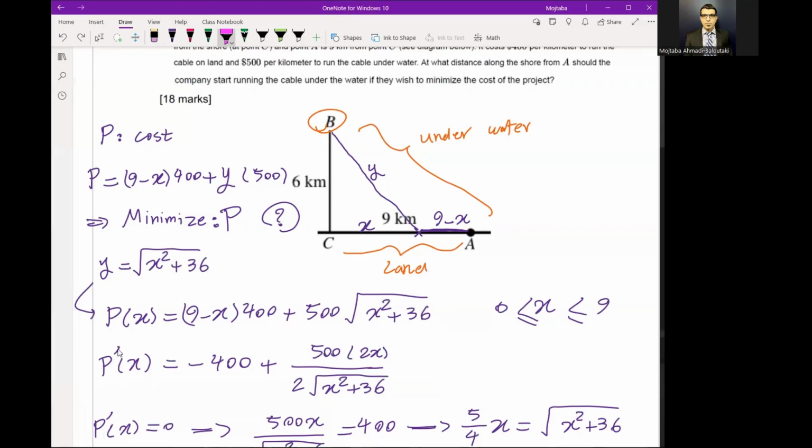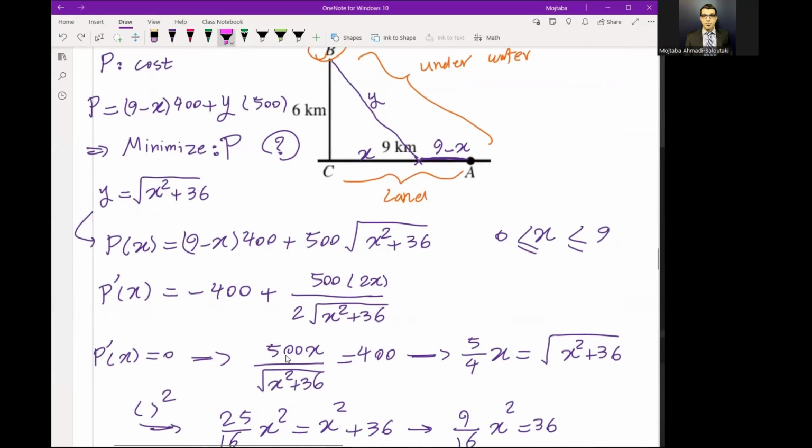We'll find the critical point, P prime, right? The derivative in here is minus 400. And for this term would be 2x right there. We have 500 and 2 square root of the same thing. P prime equal to 0. There you go. This is equal to 400.